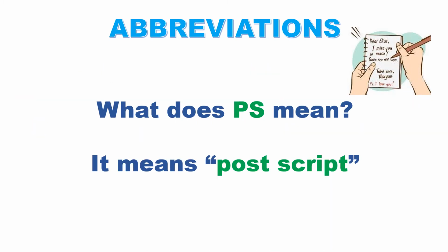What about PS? That's very common when we write a note and we finish the note and we want to write something else, we want to add some extra information in the end. Usually at the end of the note, we just write PS and then we add the information we want to say.